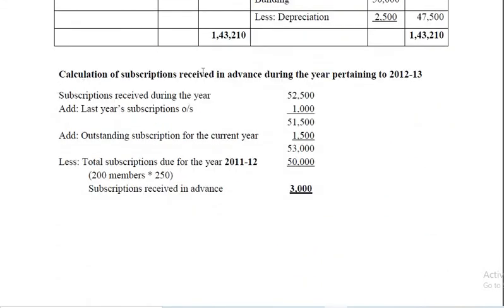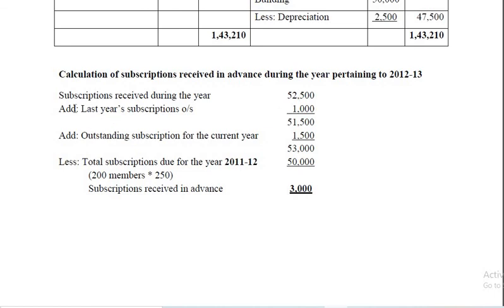Calculation of subscription received in advance during the year pertaining to 2012-13. See, subscription received during the year 52,500. Of that, 1,000 received is for the last year. Therefore, it should be deducted.